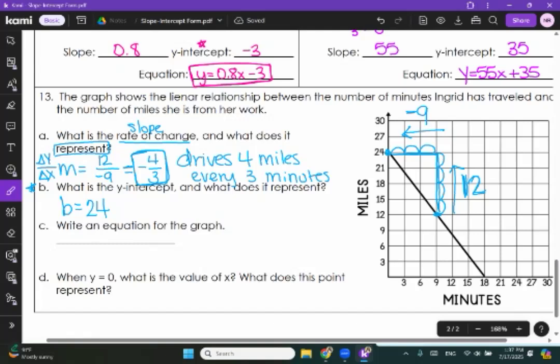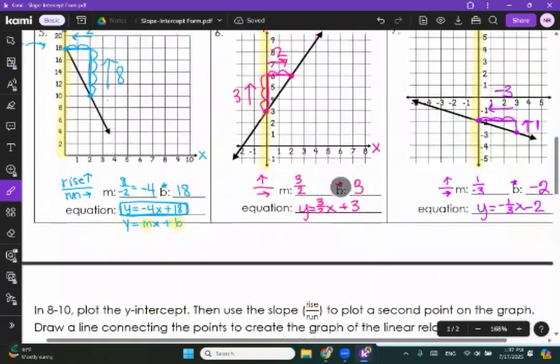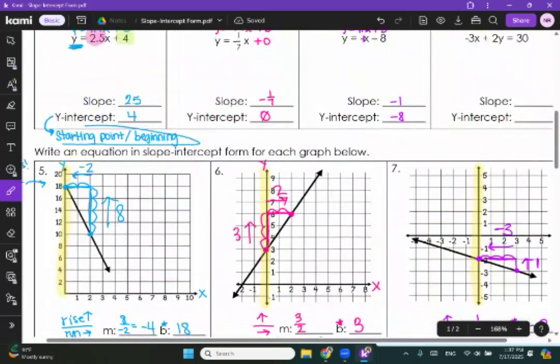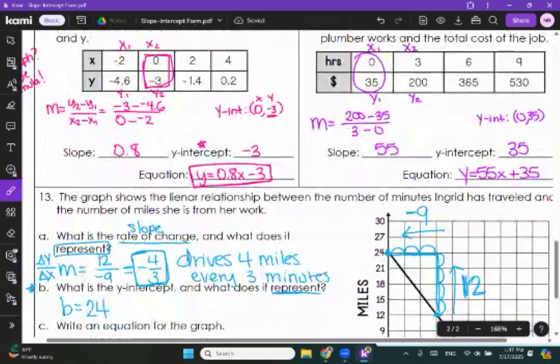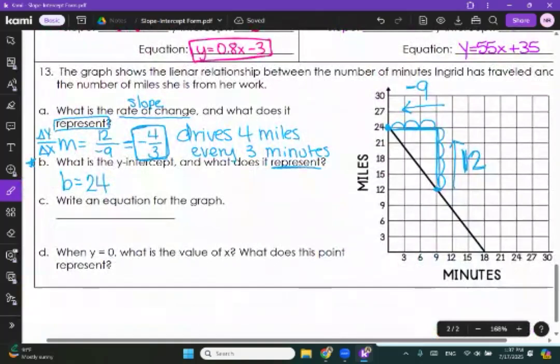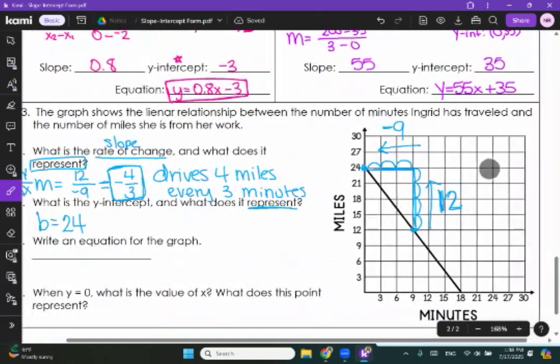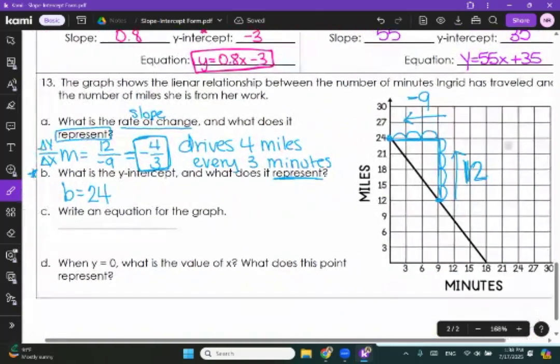Okay. Part B, what does the y-intercept represent? Well, I told you guys another word for the y-intercept, right? The starting point, the beginning. So you want to include something that talks about the beginning, right? Well, when she is driving, she has traveled the number she is from her work. Let's just say she's leaving from home, right?